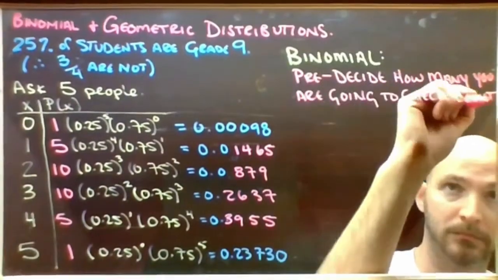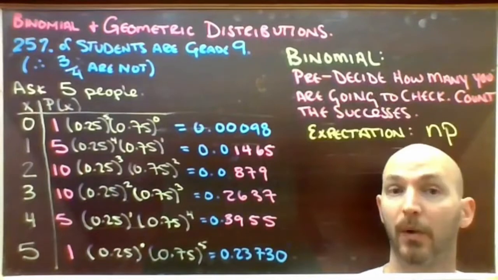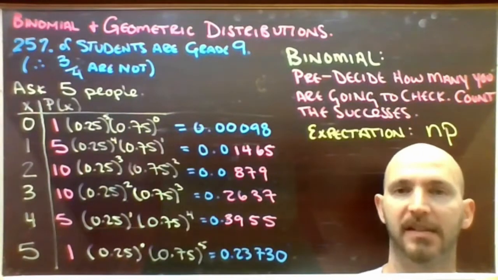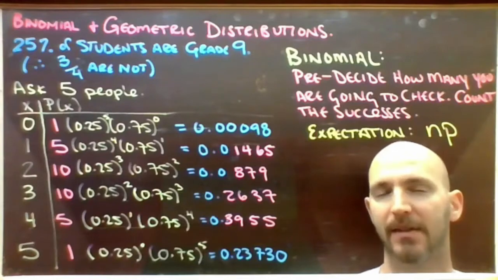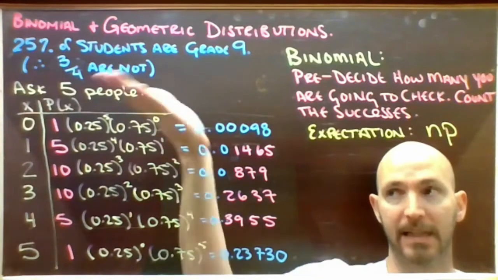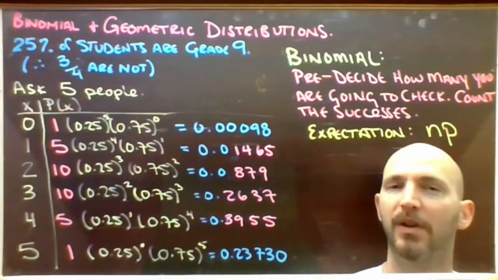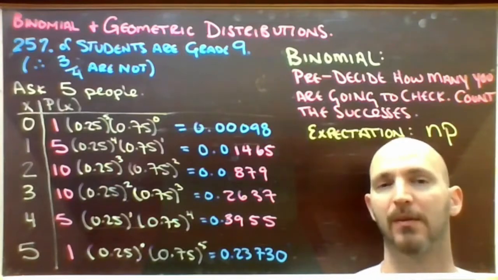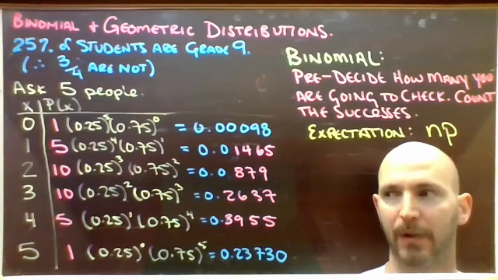So the binomial distribution is used to model a situation where you decide in advance how many people or how many objects you're going to sample. In this case, it was 5. And once you've decided how many you're going to check, all you're doing is counting how many of those meet the criteria you're after.